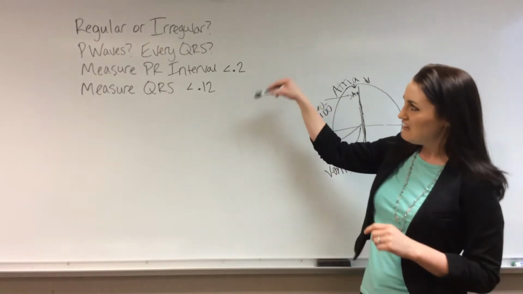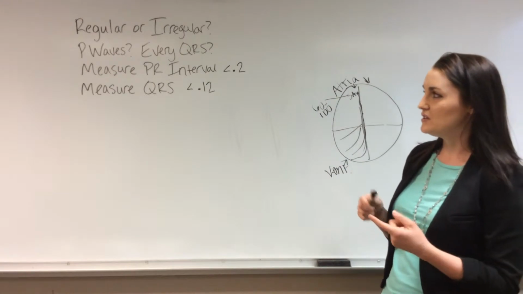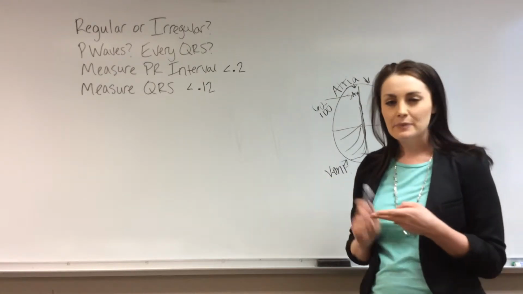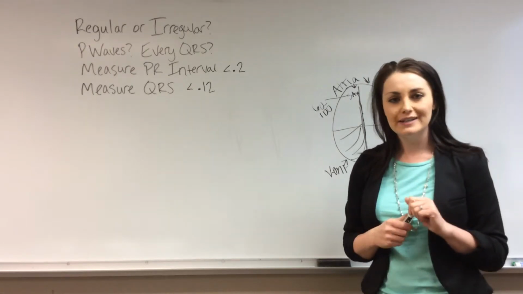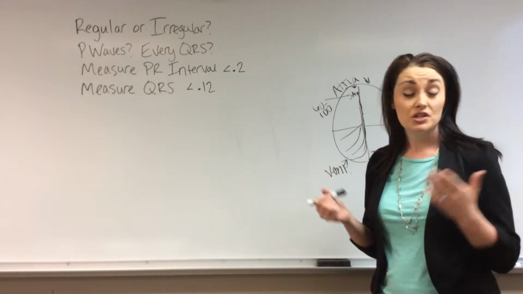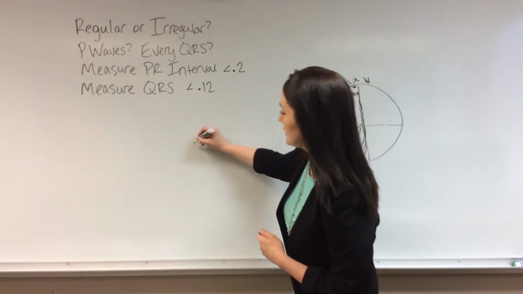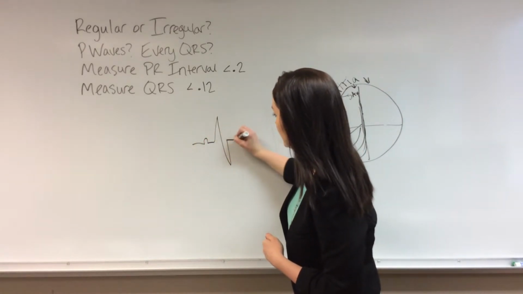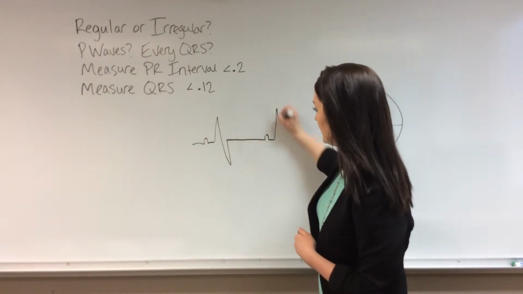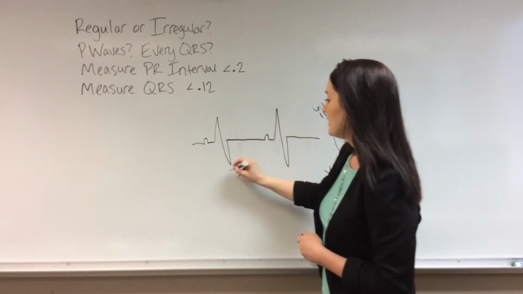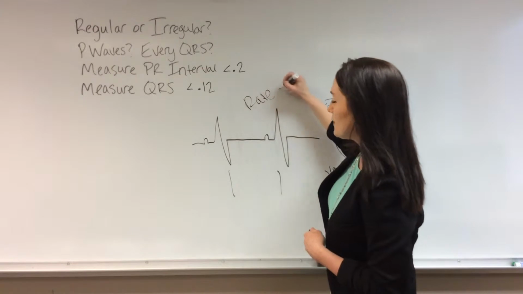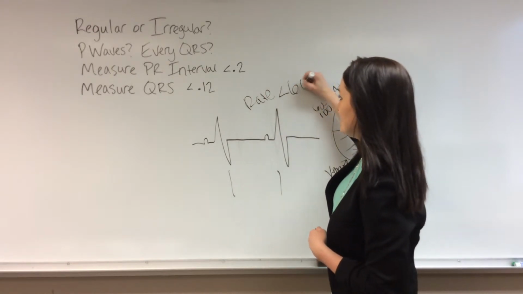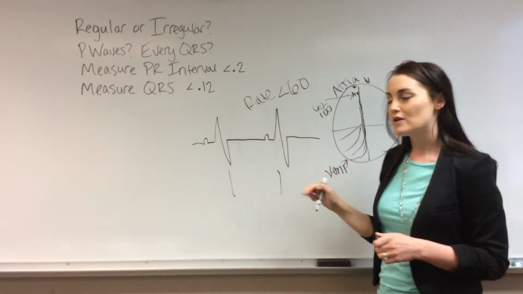If everything else is good, you're regular, you have P waves for every QRS, your PR interval looks good, QRS looks good, and it's just slow. So it might look something like there's just longer in between. Let's say your rate is less than 60, but everything else being normal.